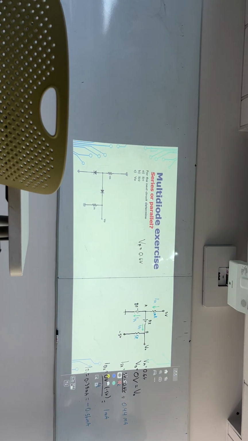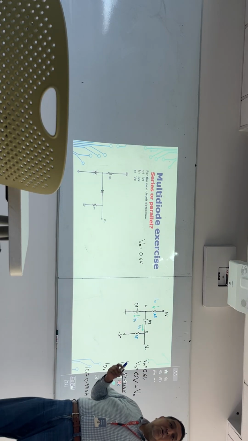Okay, now, what's going on? We got a negative current. What happens when you get a negative current, according to the previous courses? Then that current will flow exactly in the opposite direction. But guess what? Diodes are used to avoid that.